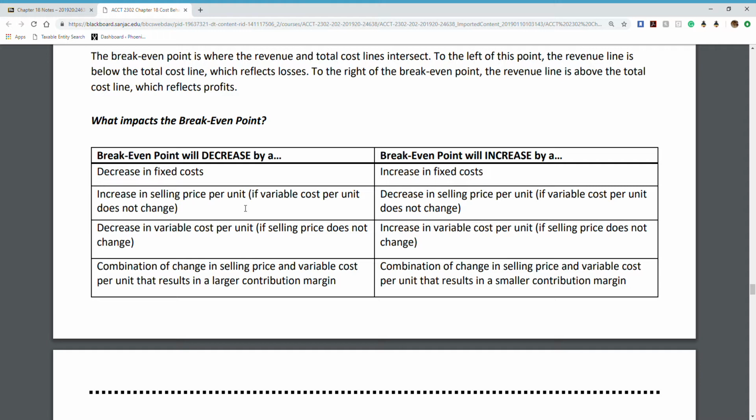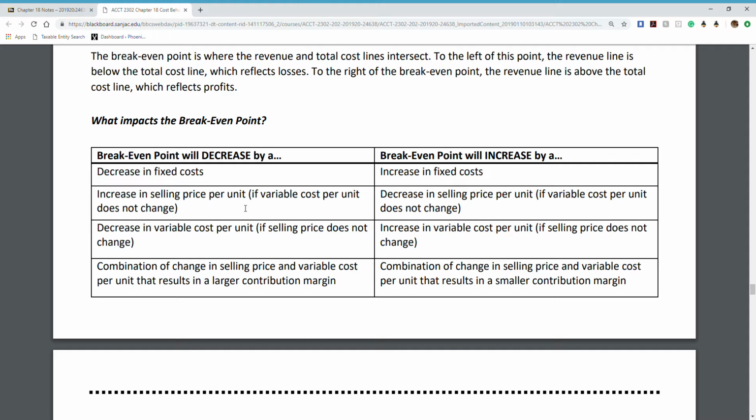On the other hand, break even will rise with a decrease in sales price if variable cost does not change. It will also rise if there's an increase in variable cost if sales price does not change. And of course, the combination of those two if it results in a smaller contribution margin.